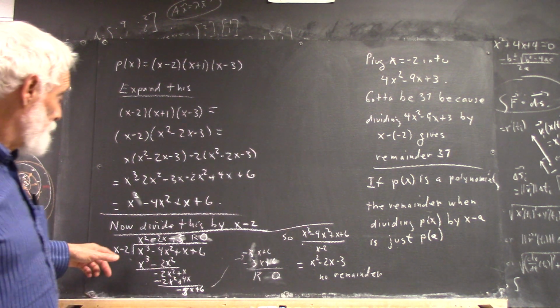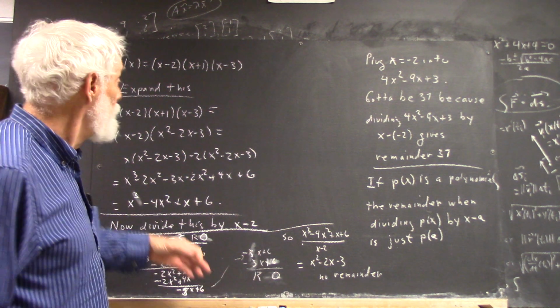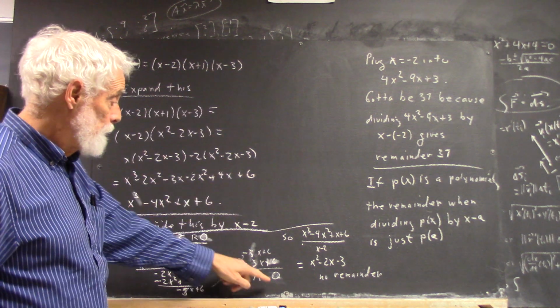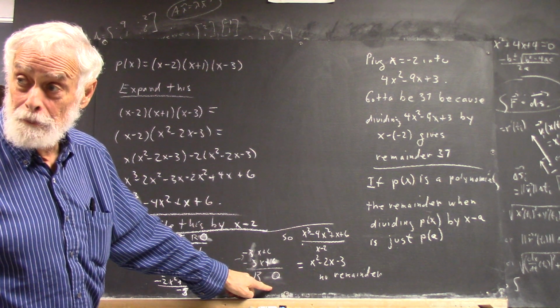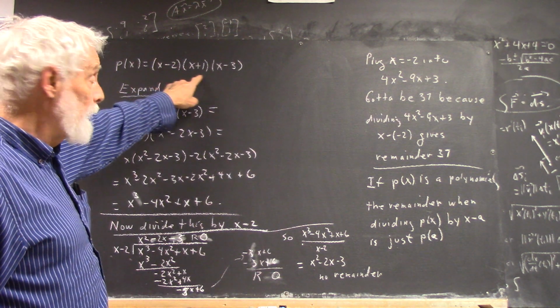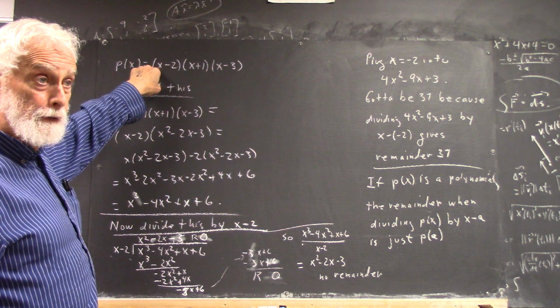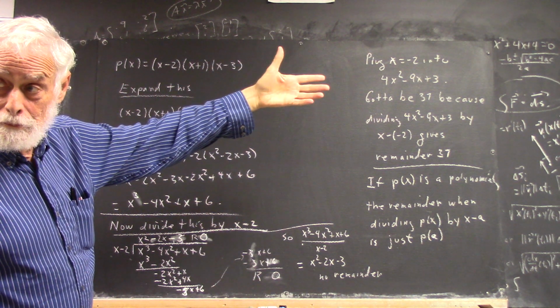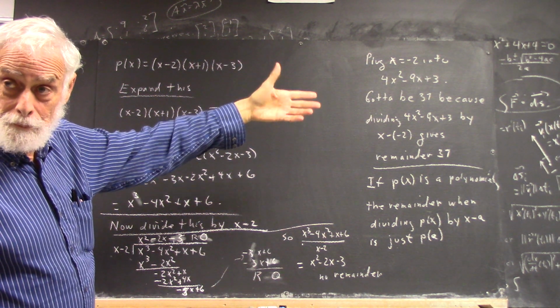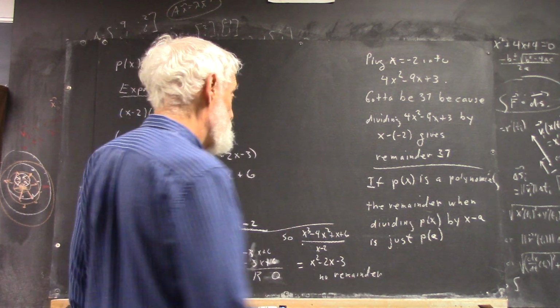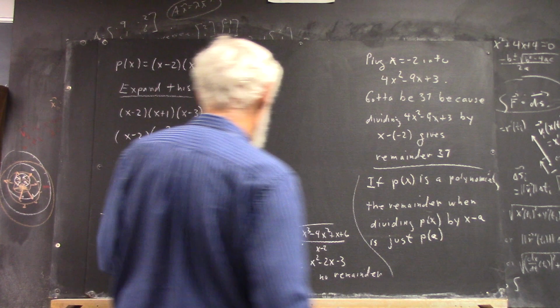I divided by x minus 2, so if I put 2 into this function, what I get should be equal to my remainder, which is 0, right? Well, if I plug in 2 here, what happens? I get 0 here, right? And it's multiplied by everything else, so I get 0. Okay? So, illustrating this thing, in this case, gives us that.